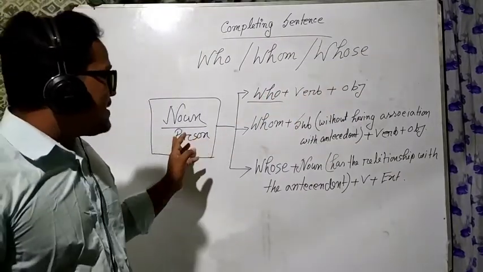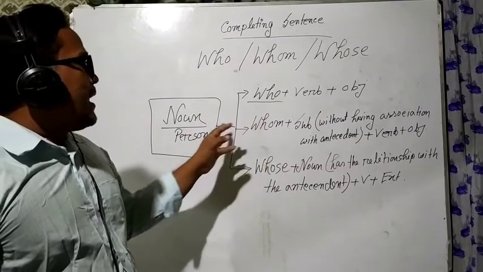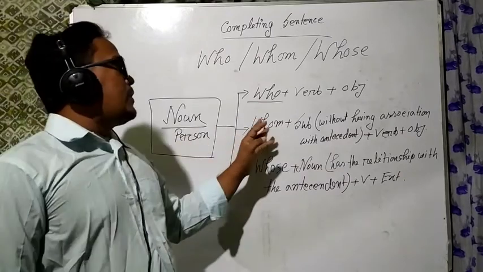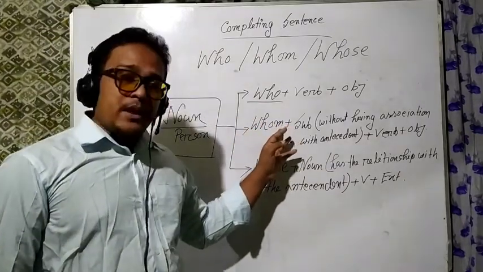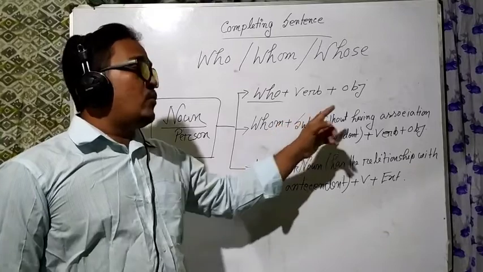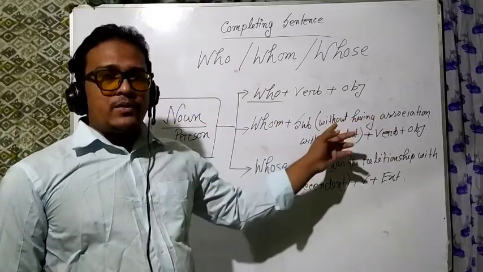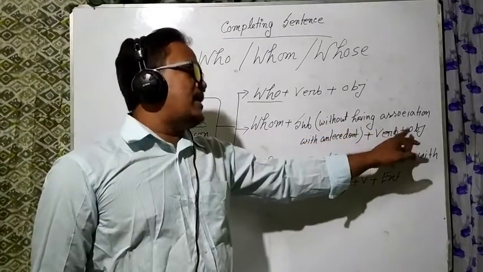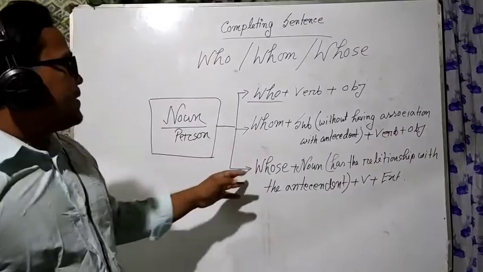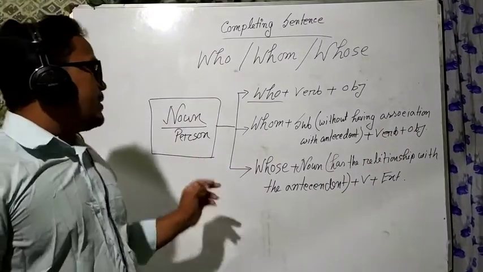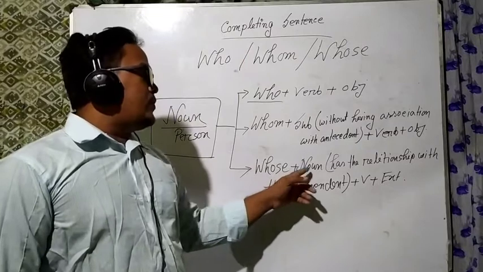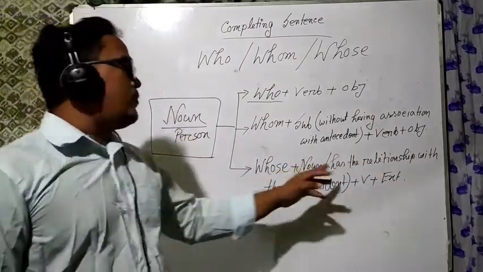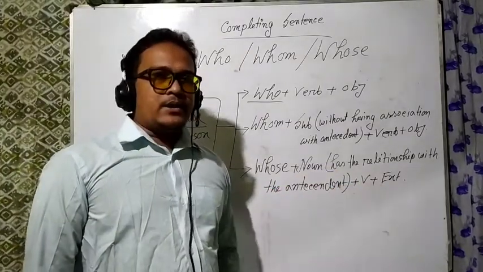While we see before whom there is an antecedent, we have to use after such relative pronoun whom a subject which has no affinity or association or relation with the antecedent, then we have to use verb plus extension. But when we see whose after the antecedent, we have to use a noun which has the relationship with the antecedent, then we have to use verb plus extension.